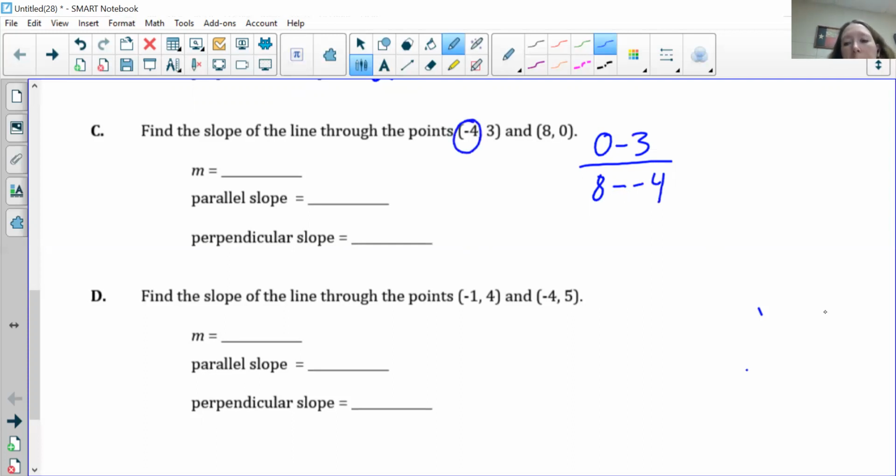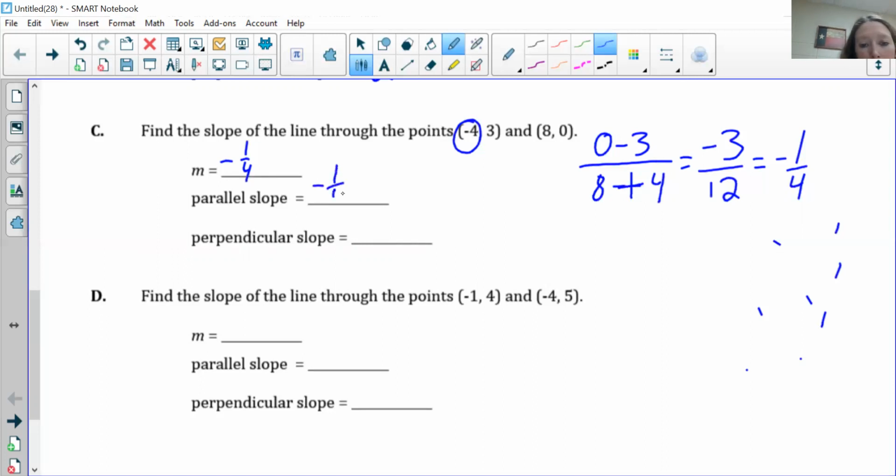Don't miss that. 0 minus 3 is -3. 8 minus -4 is the same thing as 8 plus 4, which is 12. So -3 divided by 12 is -1/4. My slope is -1/4. My parallel slope is the same, negative 1/4. Change the sign and flip it over, so my perpendicular slope is just 4.